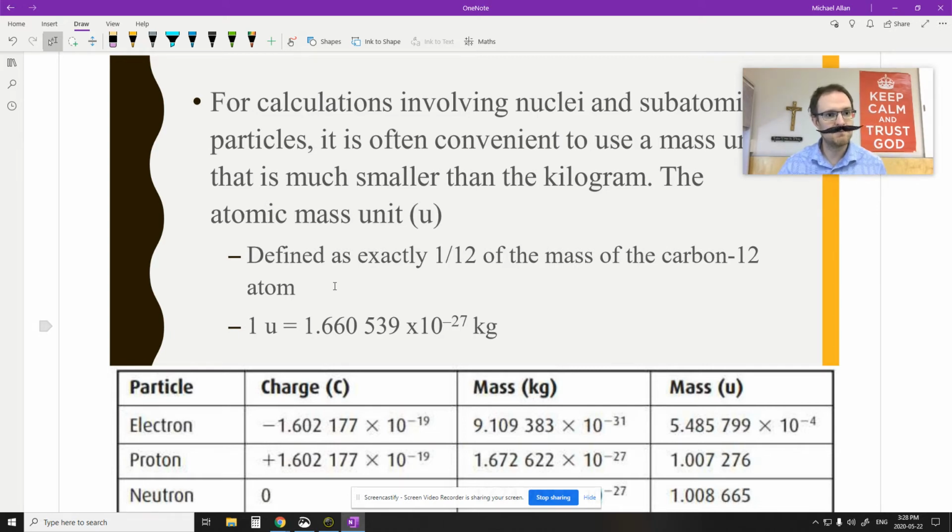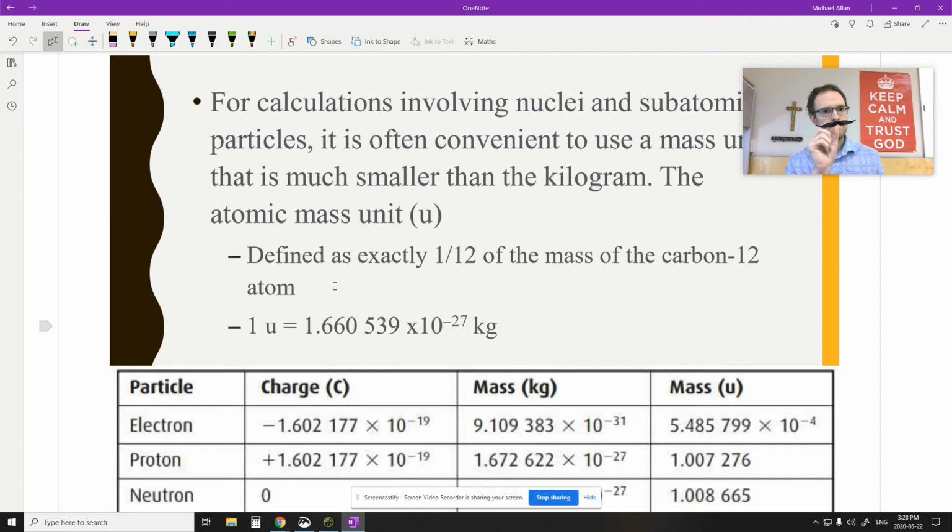And it's defined by taking a carbon-12 atom and dividing its mass by 12. And carbon-12 is used in a lot of places, like a mole is defined by a gram of carbon-12. How many particles in a gram of carbon-12? So it's a pretty well-established number, this carbon-12 mass, which is divided by 12 because there's 12 things in there.